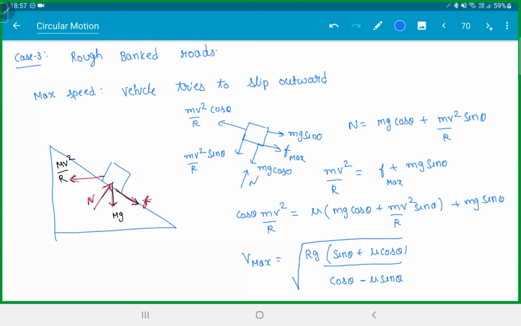This is your maximum speed. If you go more than this, you'll skid outside.